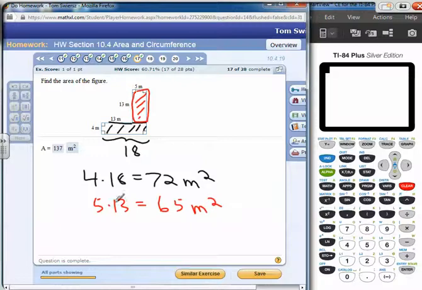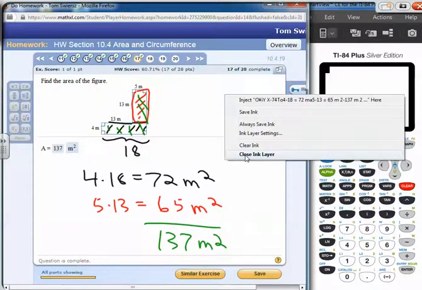And then again, add them together, and we get 137 square meters, which is the answer we got previously. So it doesn't matter how you break it up. You'll get the correct answer as long as you count the corner that overlaps once. All right, very good.